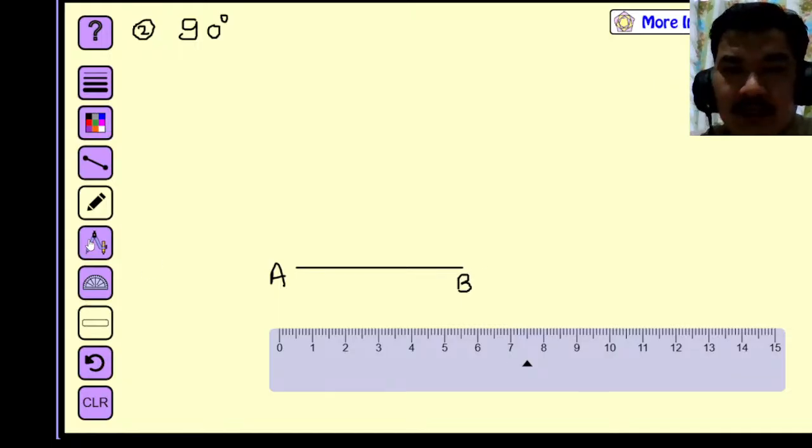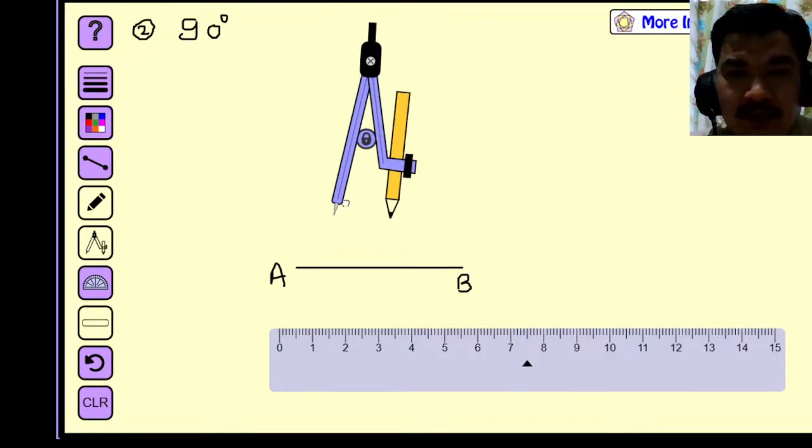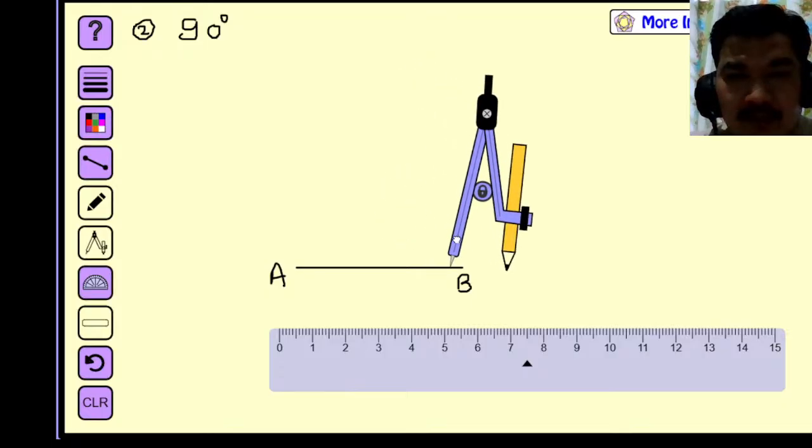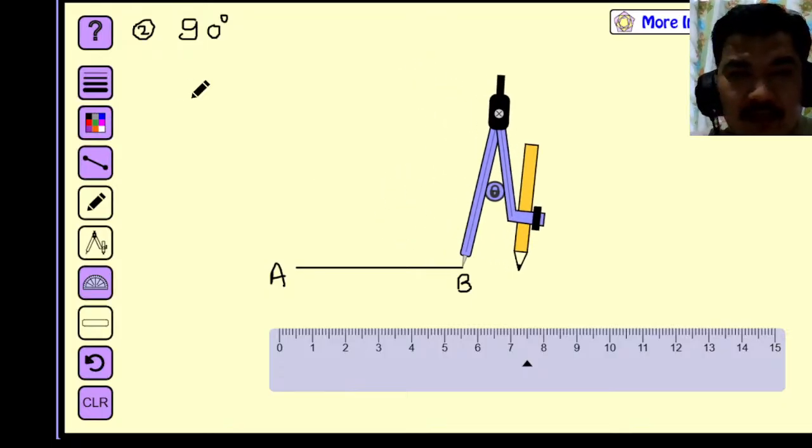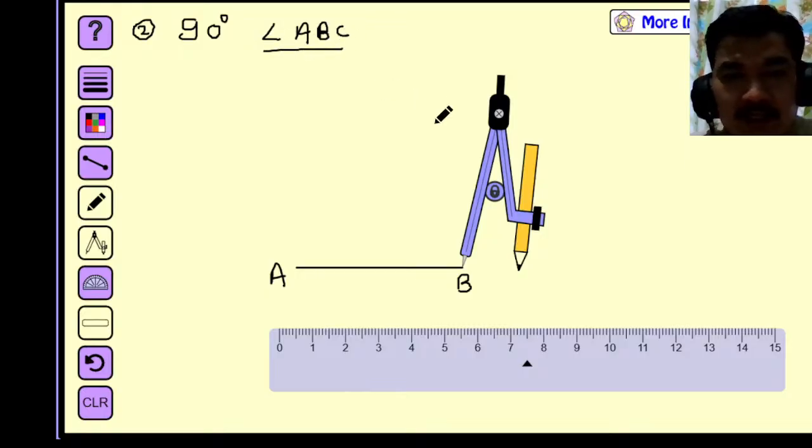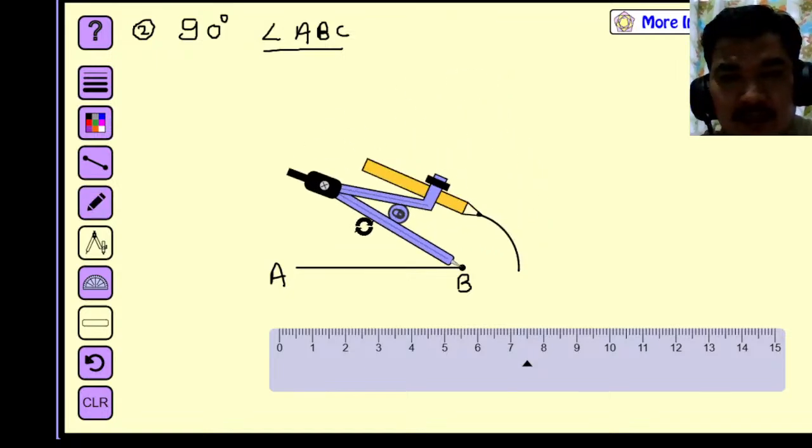Then I'm taking the help of the compass and putting the tip of the compass at B. I am constructing here angle ABC. The name of the angle is ABC. For that, we have to take one main arc like this.